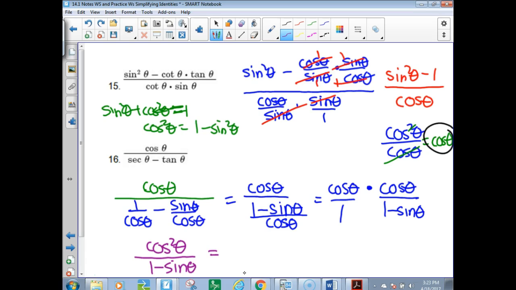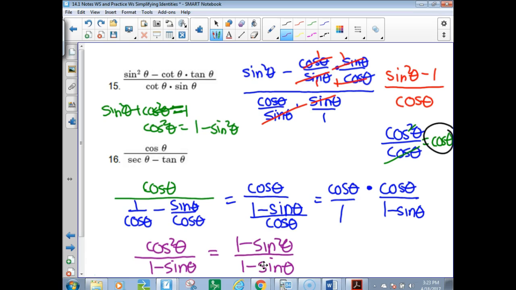Okay, cosine squared equals 1 minus sine squared. Now it's starting to look like something could happen. But they're not even. I can't cancel that out, and what would I leave?